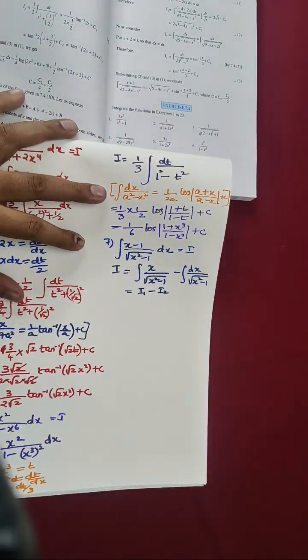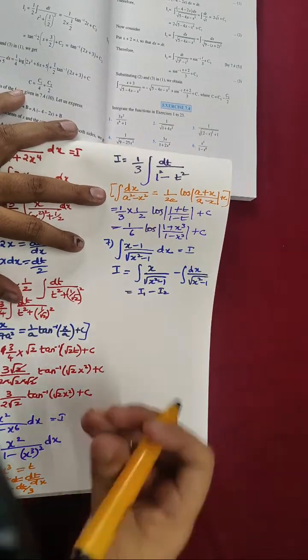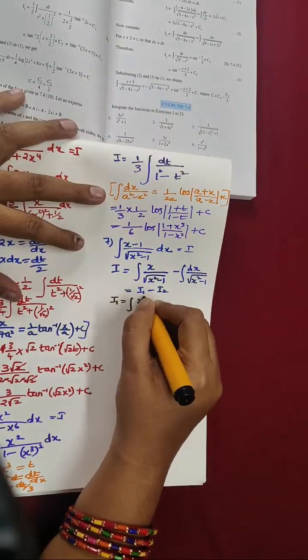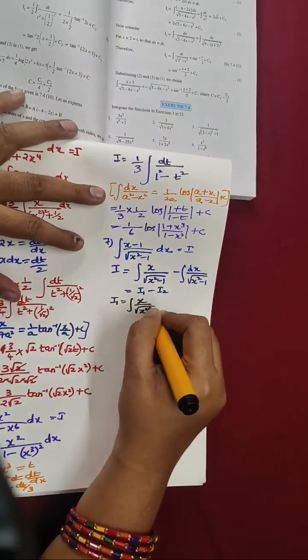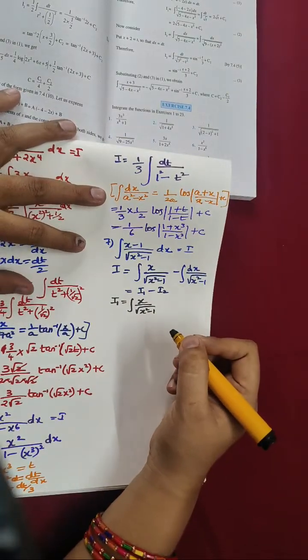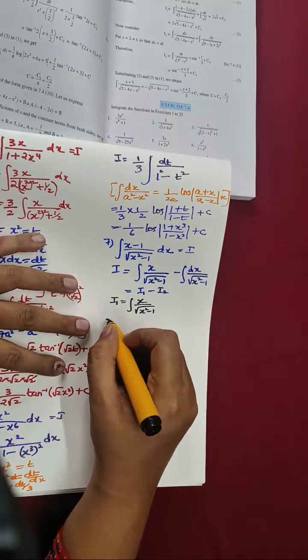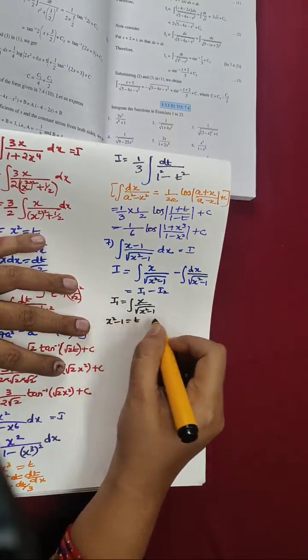So for I1, you have to use the substitution method. So x by root of x square minus 1. Straight away you can take the denominator as t. So let x square minus 1 equal to t.